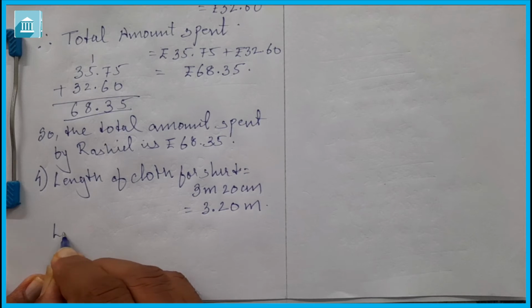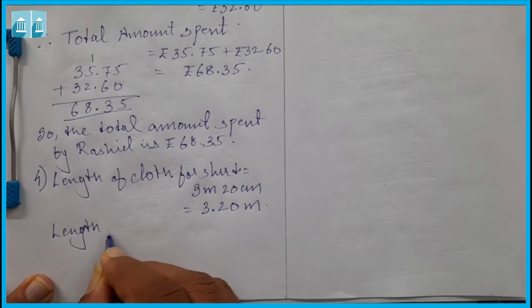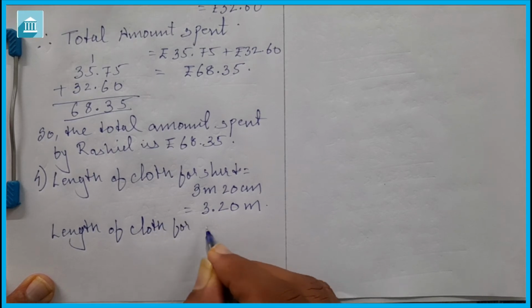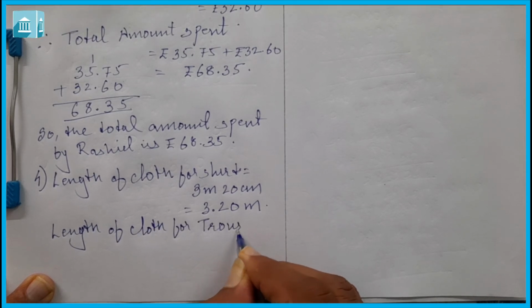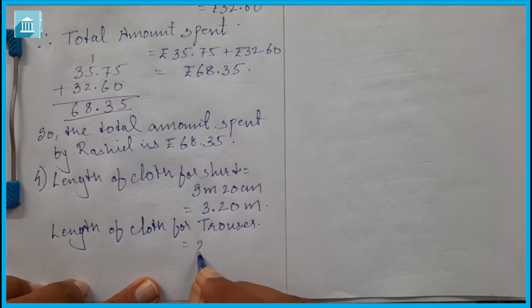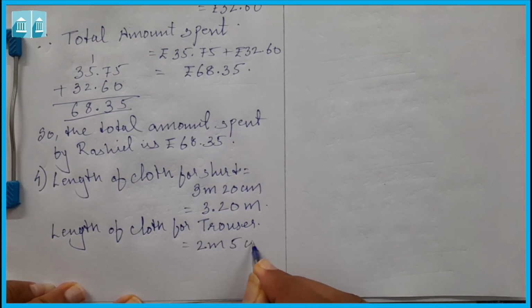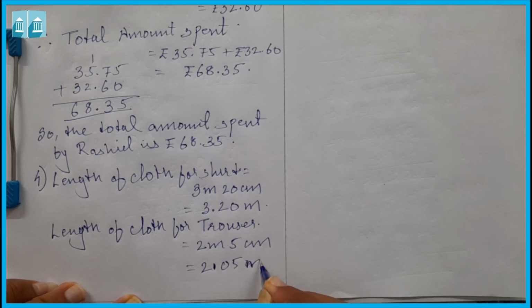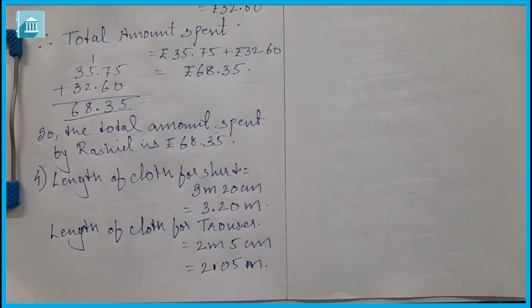So in the same way, length of cloth for trouser is equal to, here it is given 2 meter 5 centimeter. So 2 meter 5 centimeter, then it will be 2.05 meter. So now we have to find out the total length of cloth.